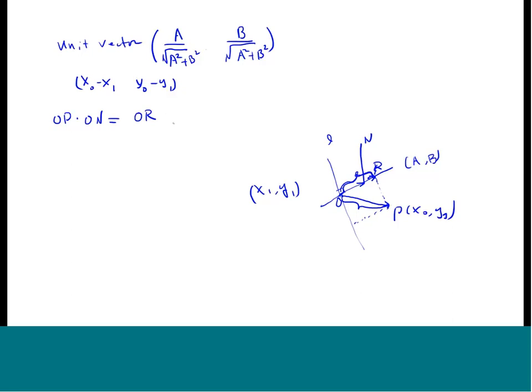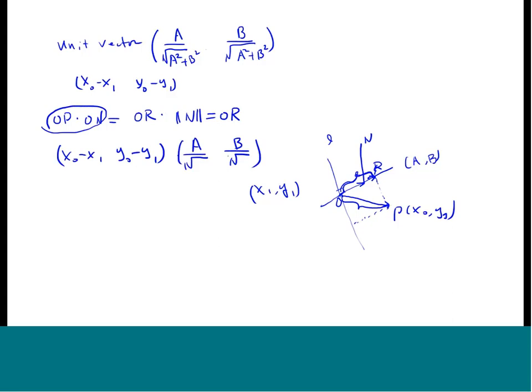So OR times N, which is 1 already, so it's OR. That's all. So OP dot ON is the distance. So you only need to calculate this. OP is x0 minus x1, y0 minus y1, dot N, which is a over the square root of that, and b over the square root of that. So that is the distance. That's all.